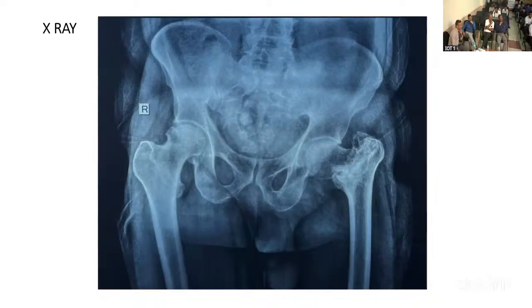After seeing this X-ray, if we doubt that some clinical exam was not done properly, what exam will you do? Palpation of the condyle, any tenderness. What about the obturator foramen? The size of the obturator foramen is reduced on the left side.